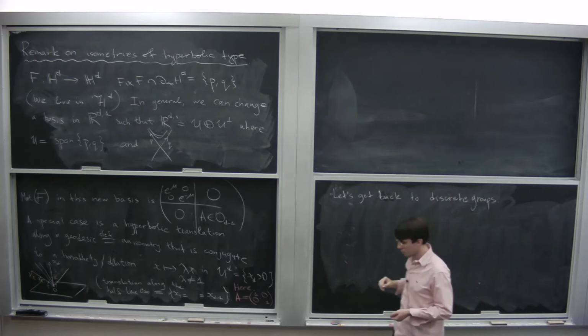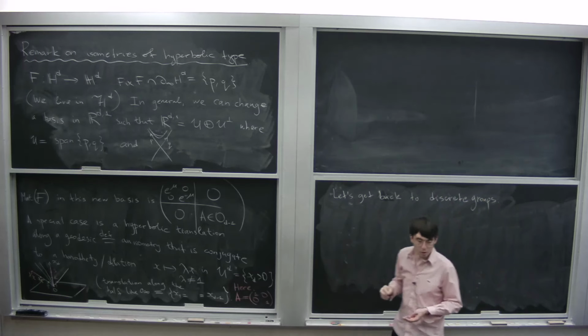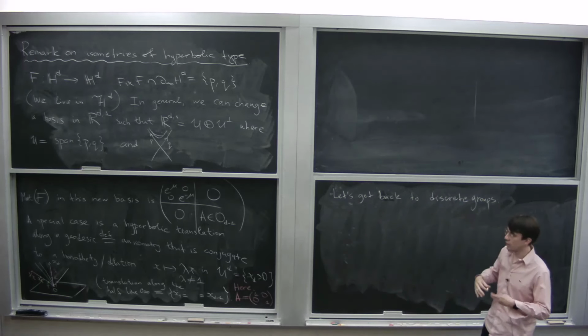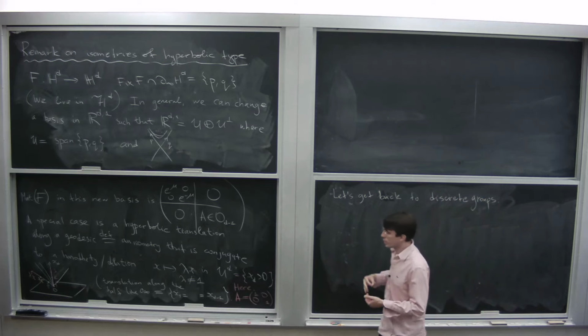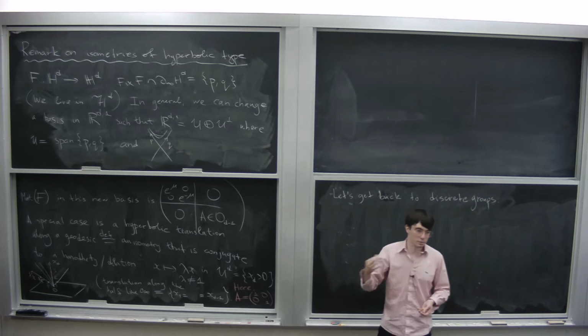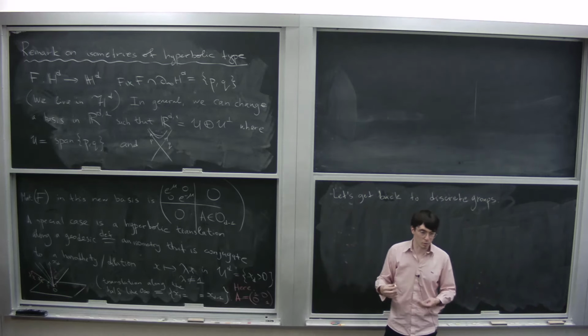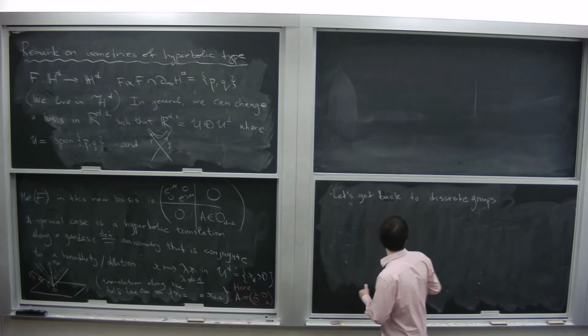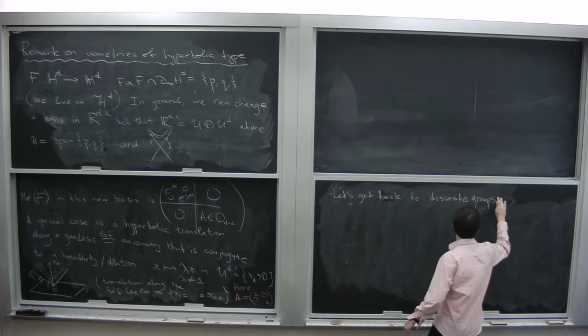I'm going to discuss a general question. We discussed last time how to construct a fundamental convex polyhedron for a discrete isometry group.